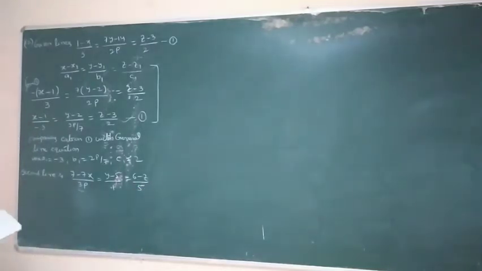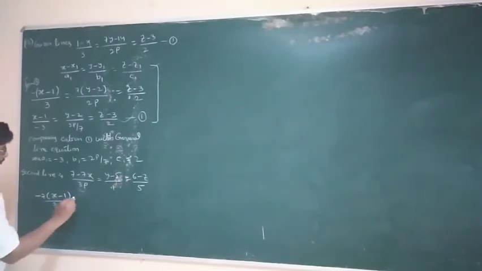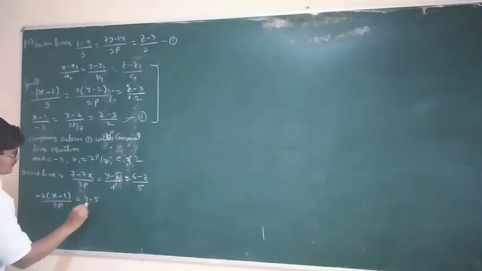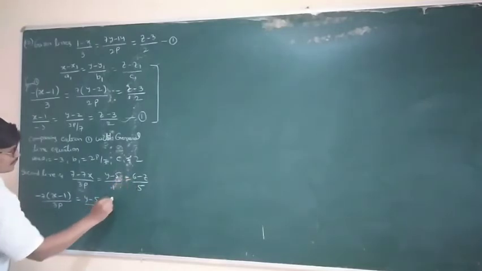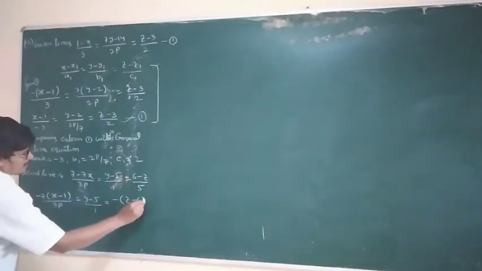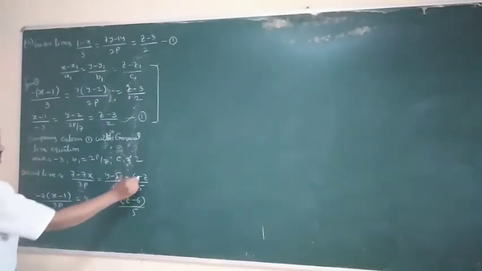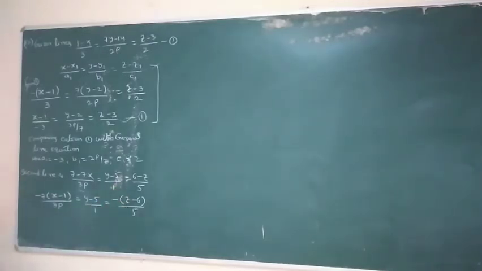Here also, first take minus 7 common: minus 7 into x minus 1, and y minus 5 by 1, and here take minus common: z minus 6 by minus 5.